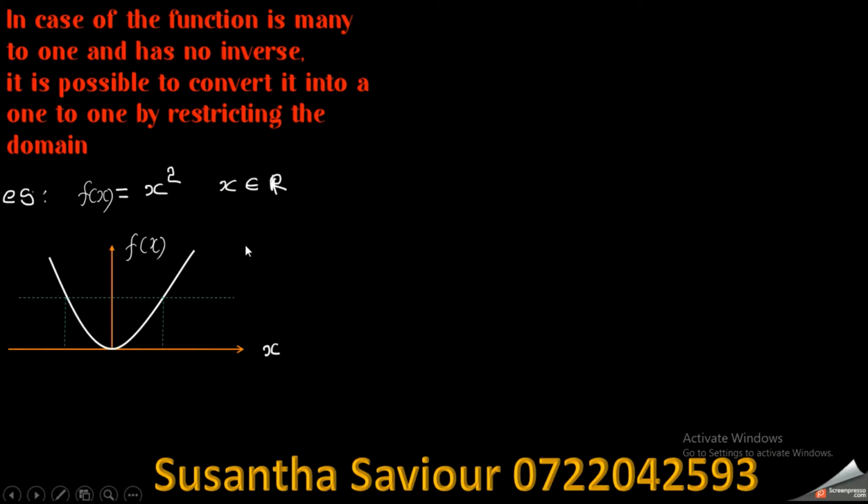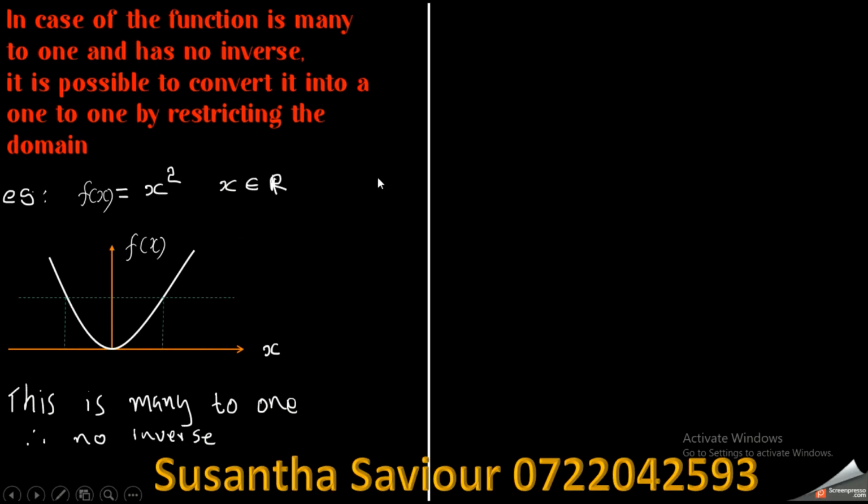Then how do we find the inverse of such a function? In this case, we can restrict the domain. Look at this. The same thing, but I have restricted the domain as x is greater than or equal to 0.